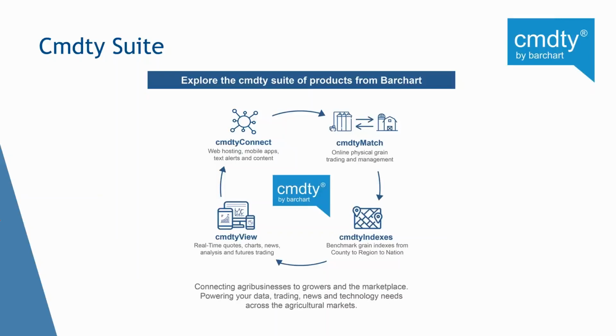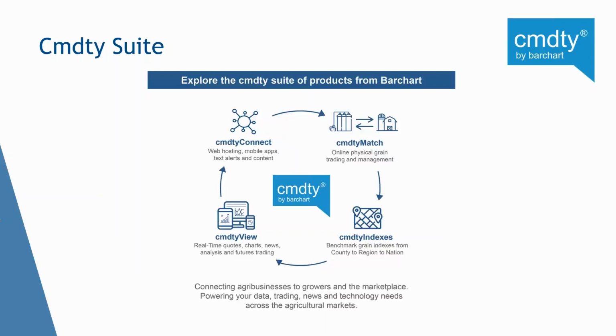Okay, so I'm going to cover a commodity view today, but I also wanted to touch on 3 other areas that are part of the commodity suite of products, and that's Commodity Connect, aka AgriCharts. AgriCharts has become Commodity Connect, and I just want to quickly go through the services that we offer under that header of products.